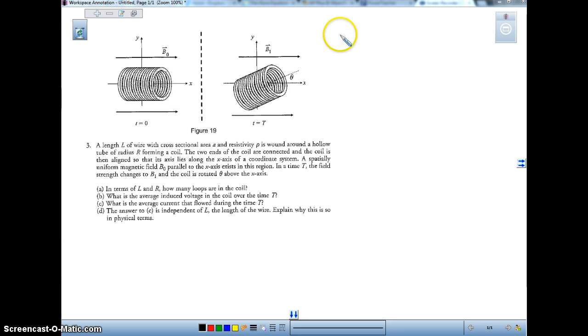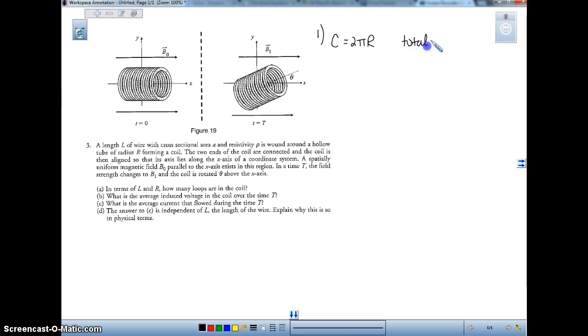So for one loop, the circumference is 2 pi r. But if we have a stack of those loops, then we have whatever the circumference is times the number of loops, so the total length is the stack of loops.